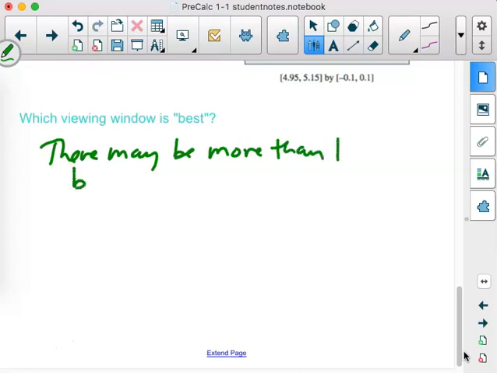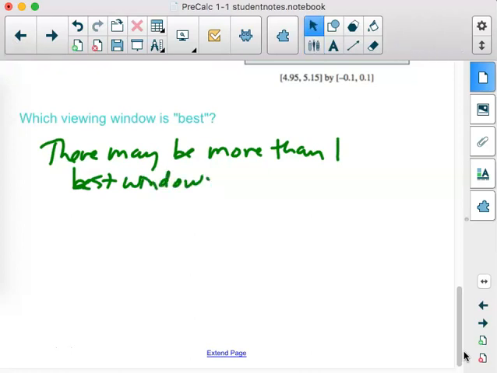Best window. It all depends on what you have to see. And if you can't see it clearly, then the cursor is not going to be able to work for you and find you what you want. So make sure it's clear. Mess with your window if you have to, and you'll have what you need.